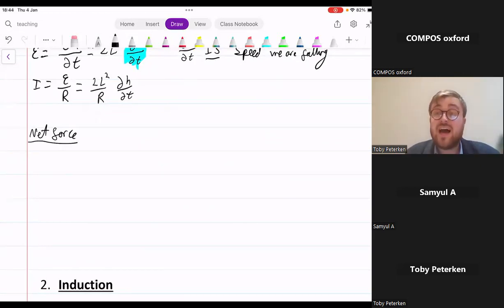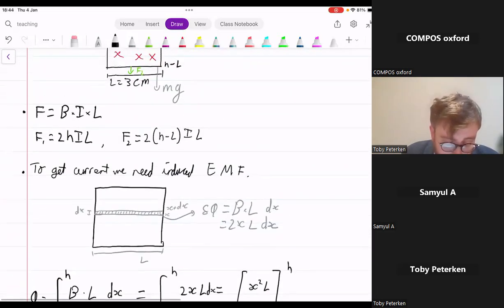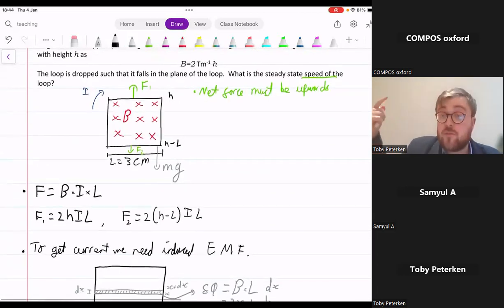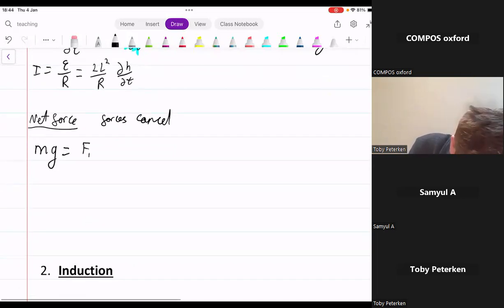One thing we need: at steady state, if it's moving at a steady speed, all the forces cancel. So the force down, mg, the force from gravity, is equal to the net force from the top of the wire and the bottom of the wire, F1 minus F2.